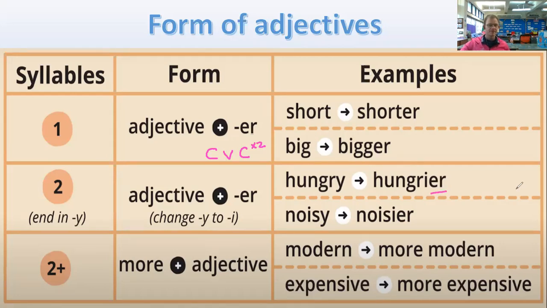Okay. And the last one again, if you have 2 or more syllables in a word, like modern or expensive or hospital. Oh, sorry, hospital is not an adjective. Dangerous. We have 2 or more syllables, then we add more in front of the adjective.